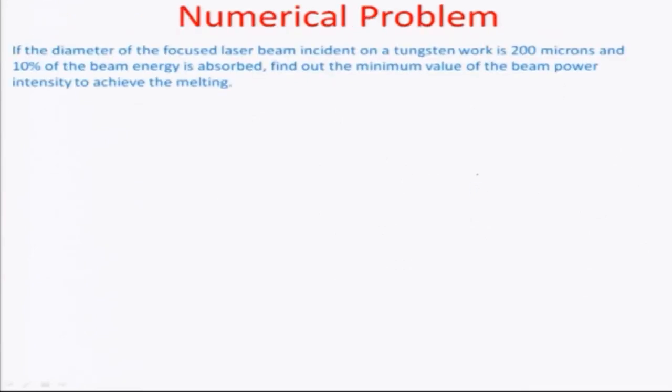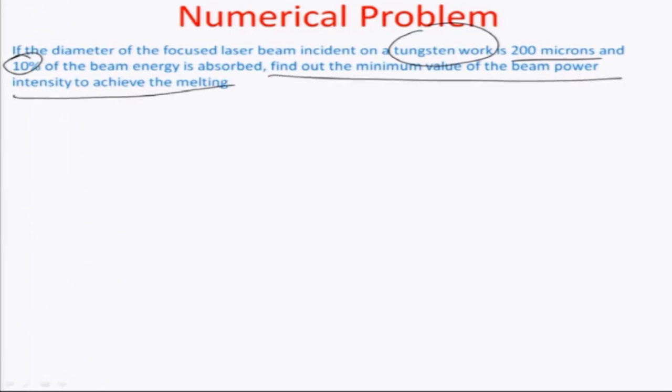Here let us say for example, we already know the diameter of the beam to be 200 microns, and we assume the same tungsten workpiece, meaning thereby that the other properties, the thermal conductivity and the thermal diffusivity, remain similar to what we have taken earlier, and we assume that 10% of the beam is absorbed, 90% is reflected. So, we need to find out that critical value of the beam power, and let us look at what kind of power values would be hitting upon in this particular case.